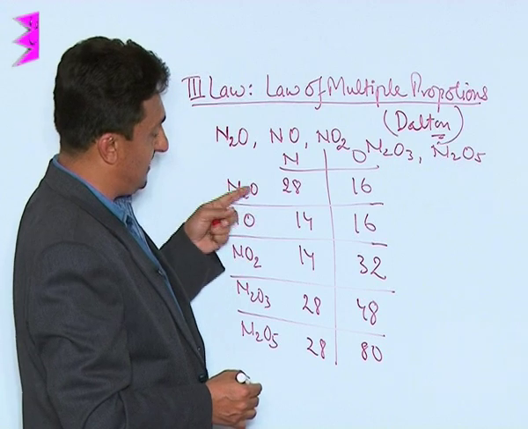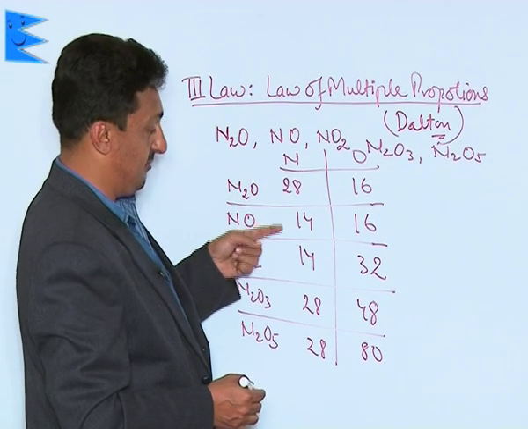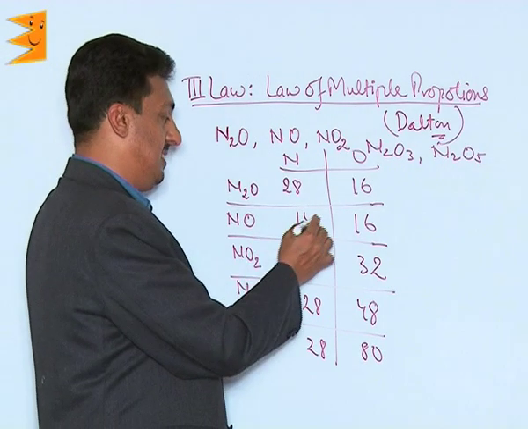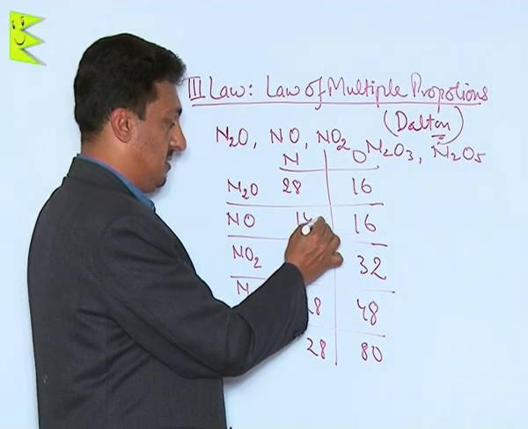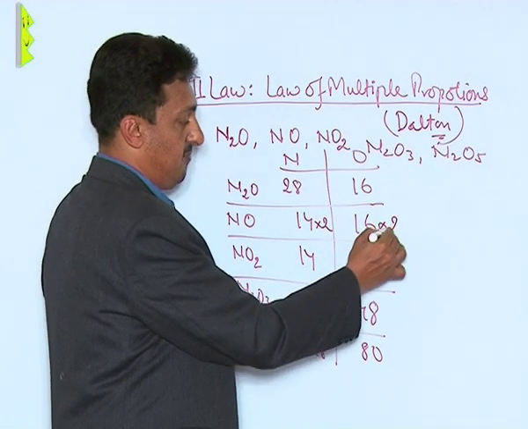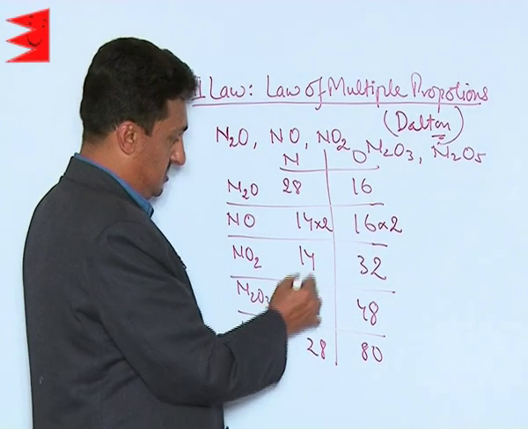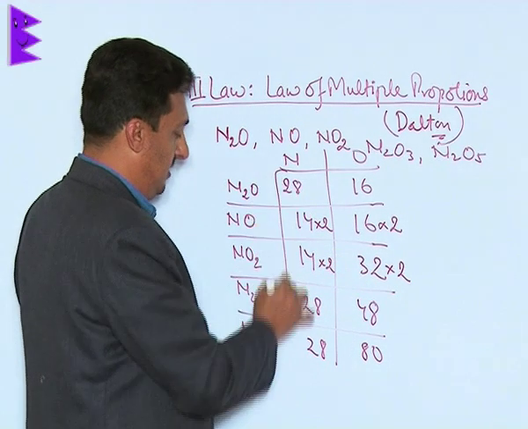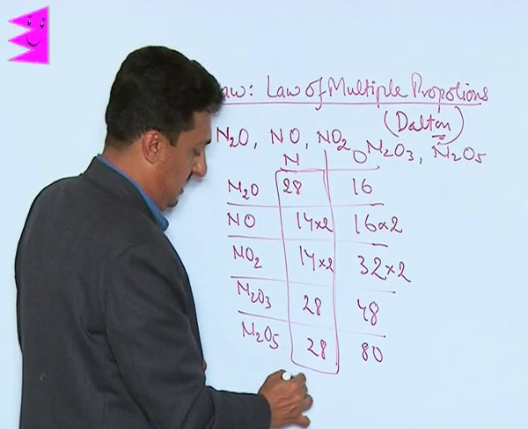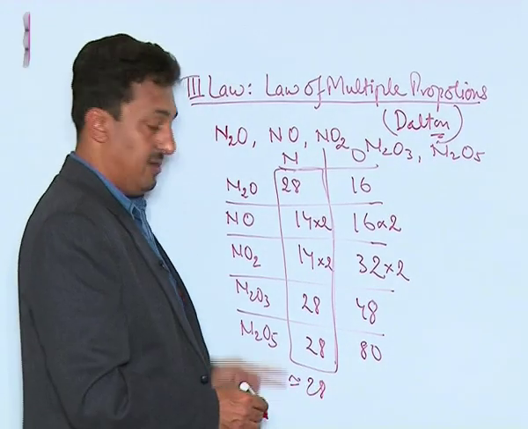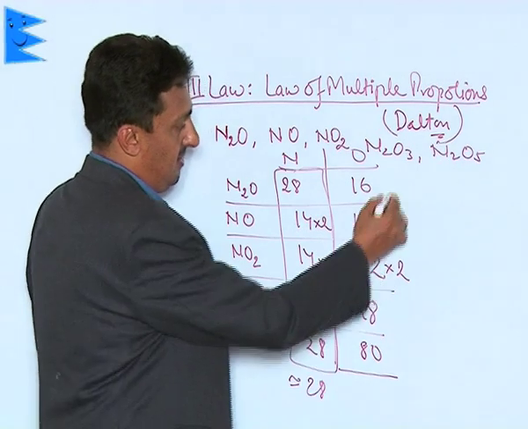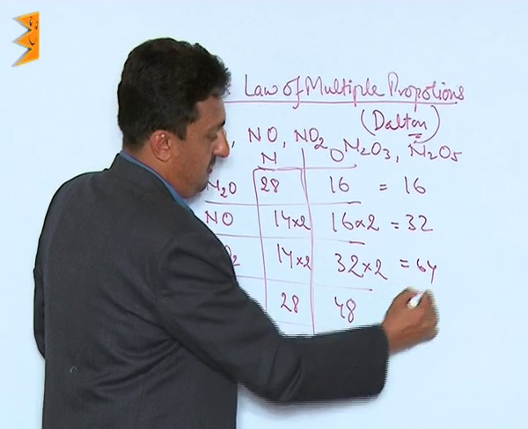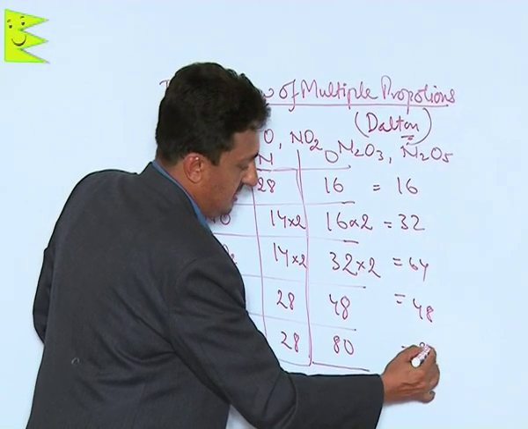Now the problem in this case is that we have different masses of nitrogen as well as different masses of oxygen. What we can do is multiply this by 2, so it makes 28. Here also we have to multiply by 2, and this by 2, so they all become 28. So the nitrogen becomes constant and the oxygen masses are variable. They are 16, 32, 64, 48, 80.